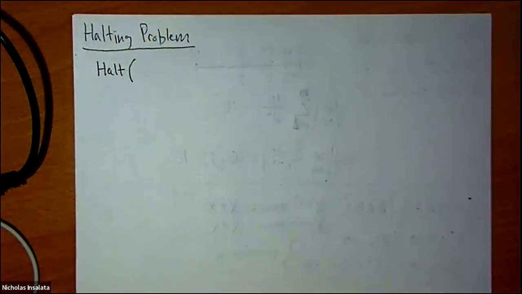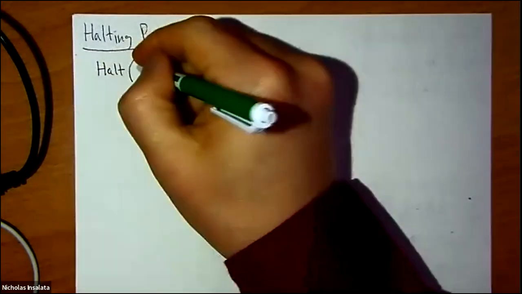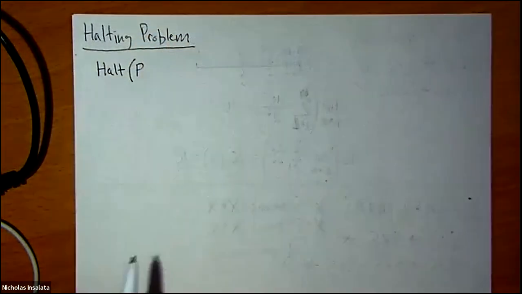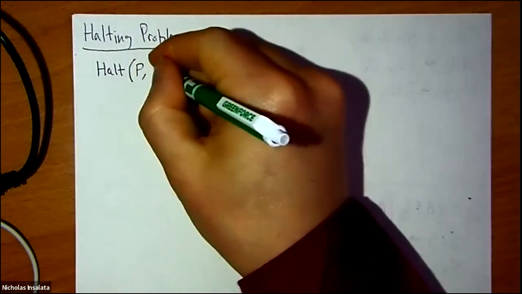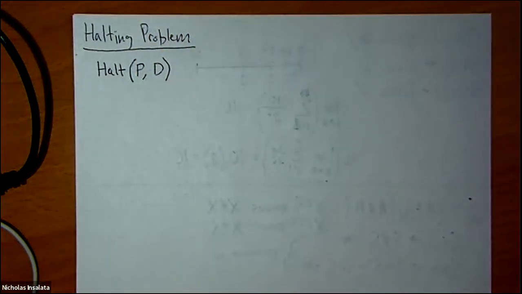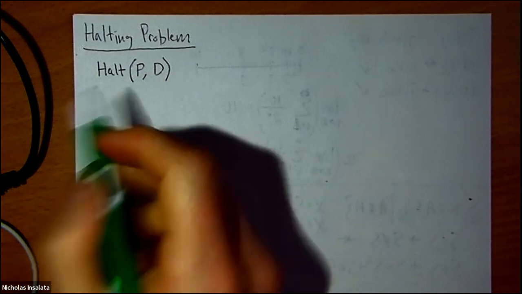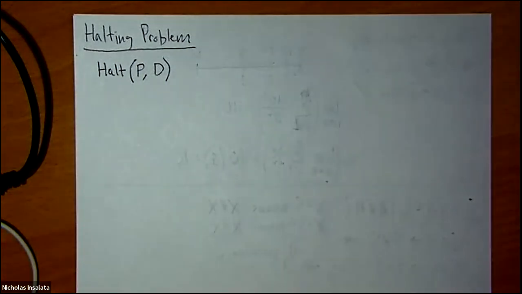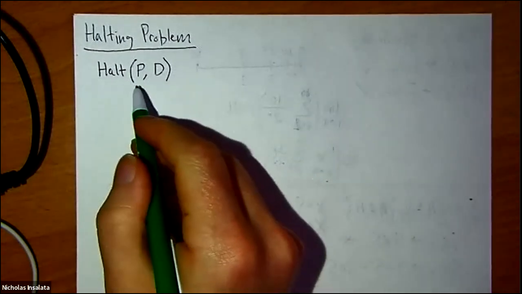So halt takes two things. It takes your computer program, P, but it also needs the data that program was running on, D. Why is that? Well, for some programs, with some data, they run forever, and with other data, they stop. Halt means stop, right? So this is what this is supposed to tell you.